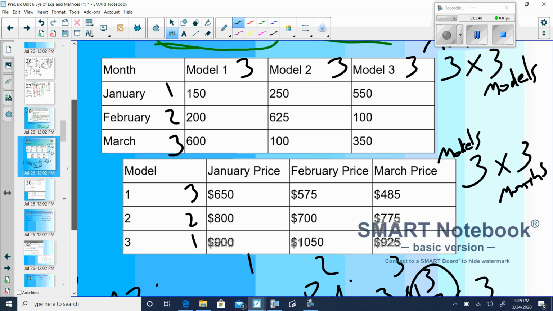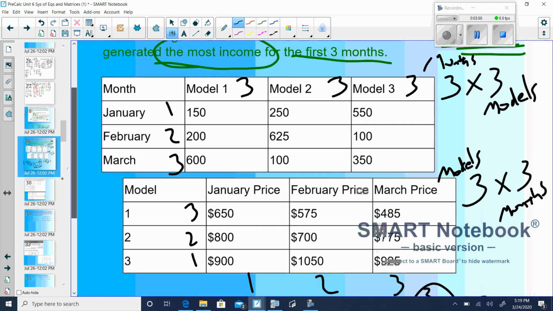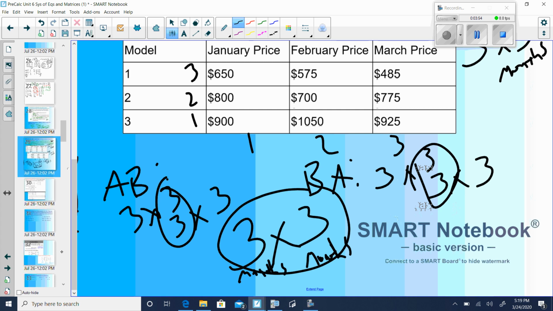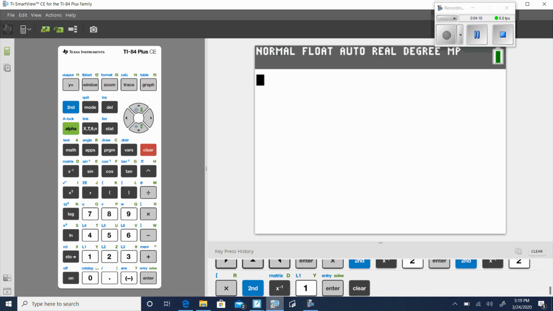Whereas if we do B times A, right, we're going to have models and models. So we're seeing months and months, models and models. It's not really clearing anything up for us.